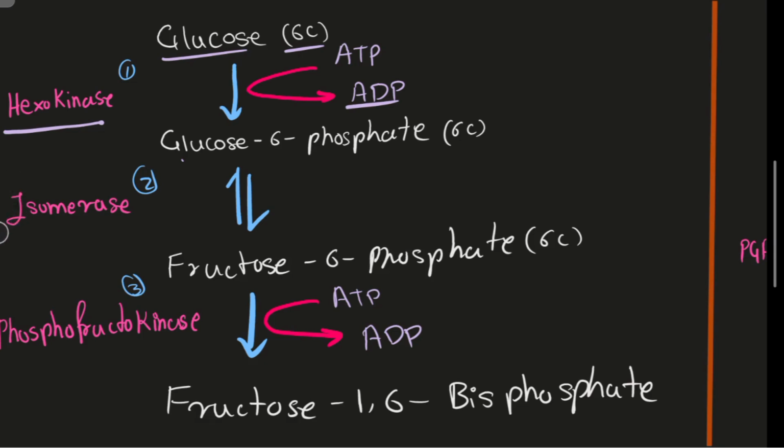Then we do isomerization of this glucose 6-phosphate into fructose 6-phosphate with the help of the enzyme isomerase.